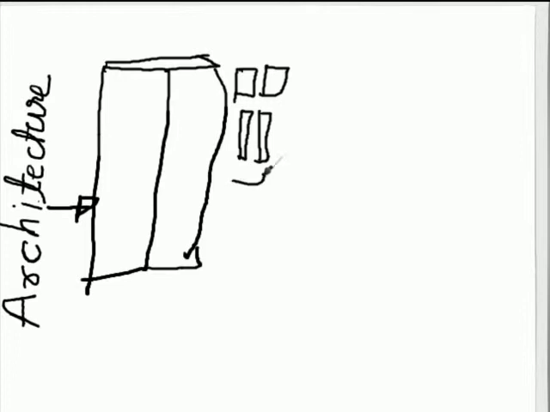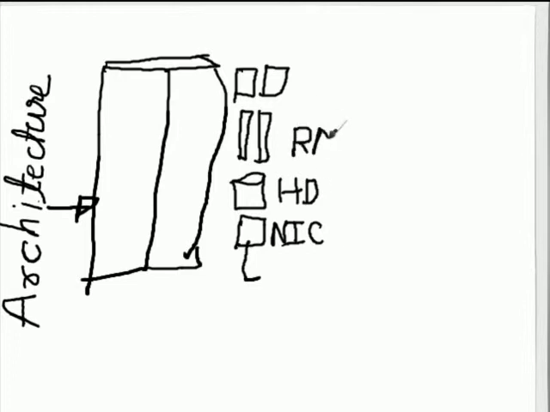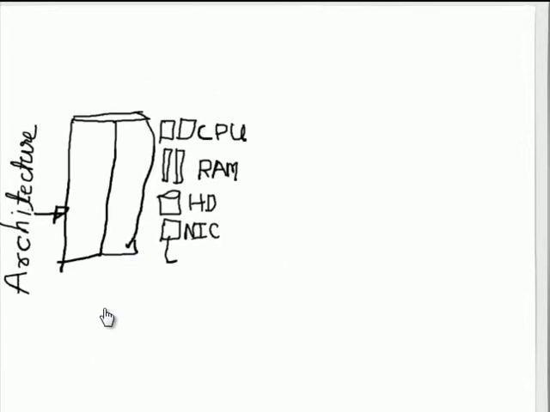So typically CPUs and memory, hard disk, and a NIC card. On this hardware structure, we will first be installing an operating system.